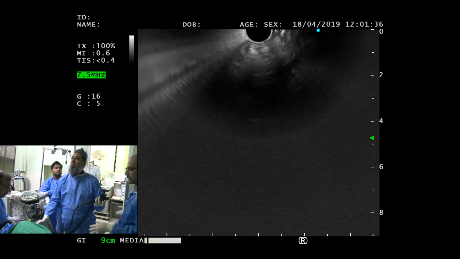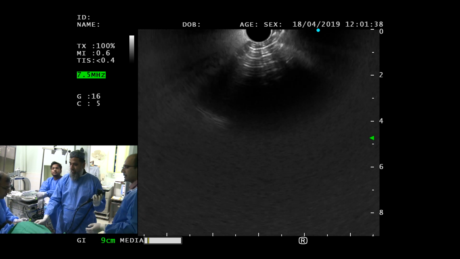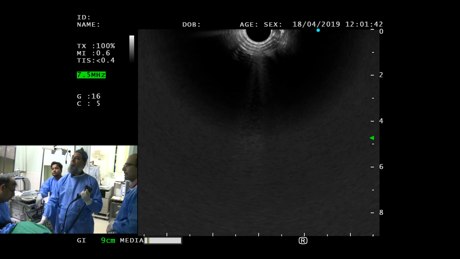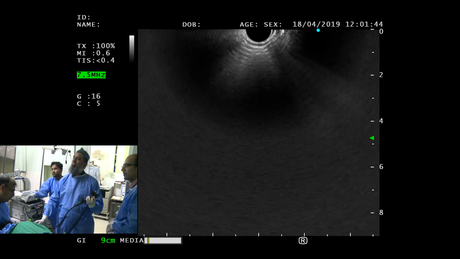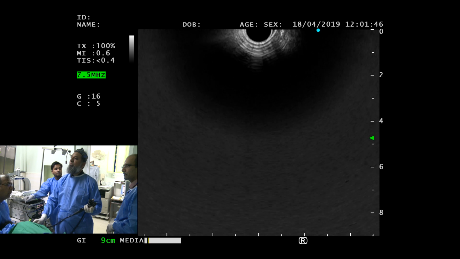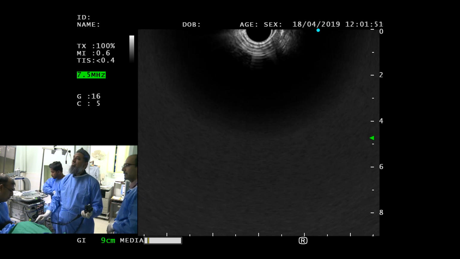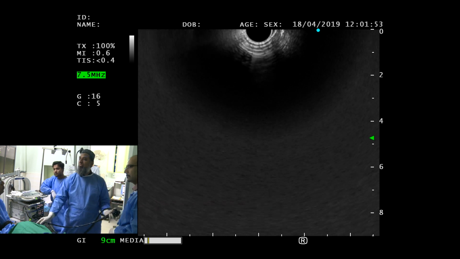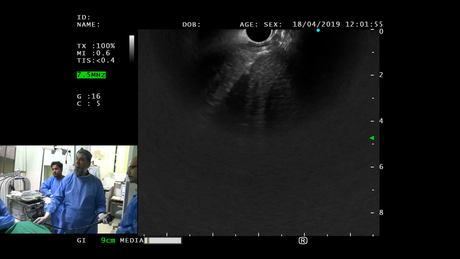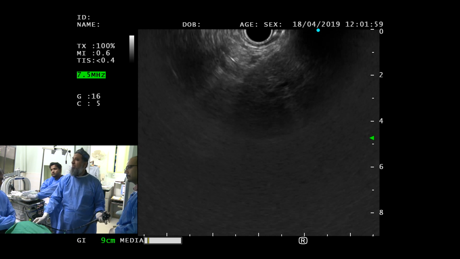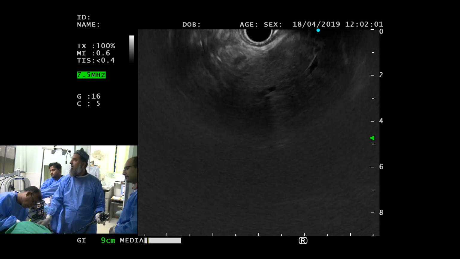And then usually 35, 40 is the GE junction, right? So you're going to keep going down. Keep going down. You still have esophagus.